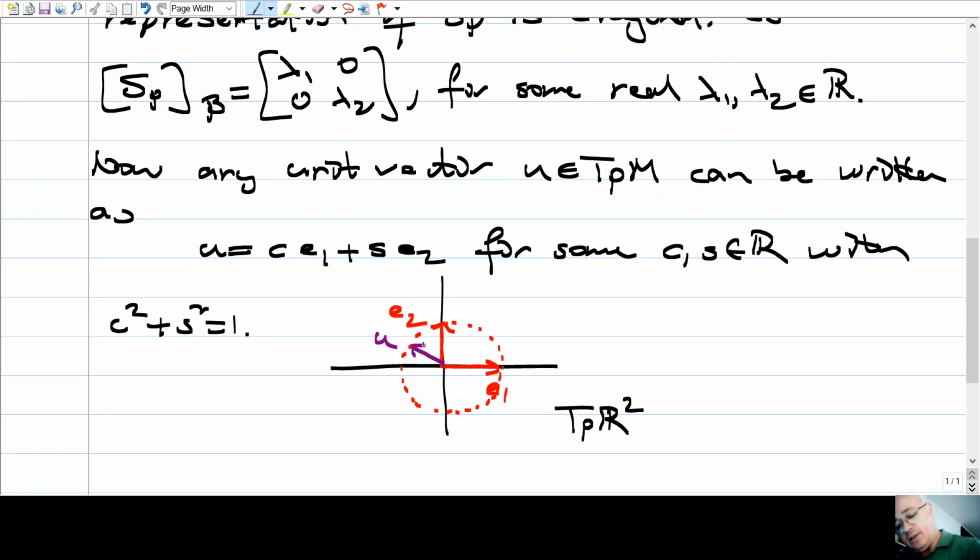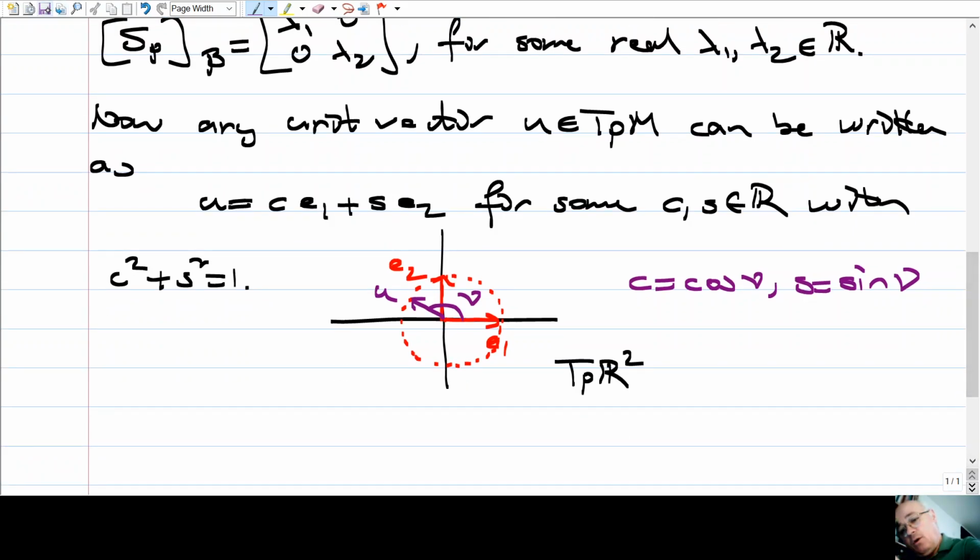Since E1, E2, and u are all unit vectors, if I call this angle mu, then C is just cosine of mu and S is just sine of mu. And this explains the notation for why this coefficient is called C and this coefficient is called S.